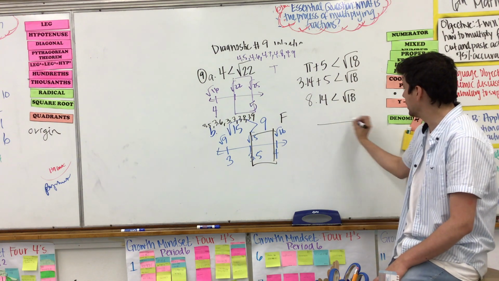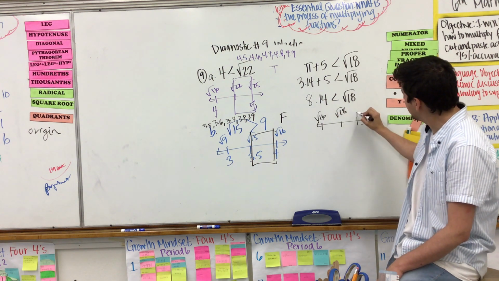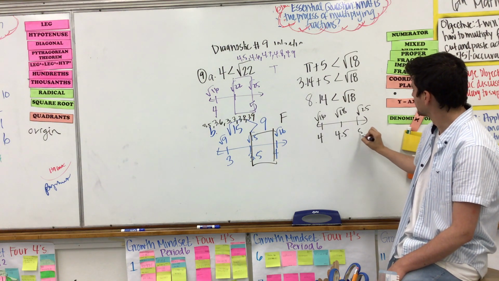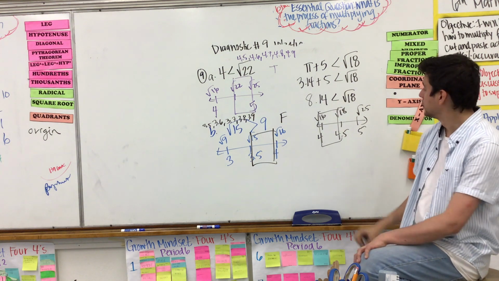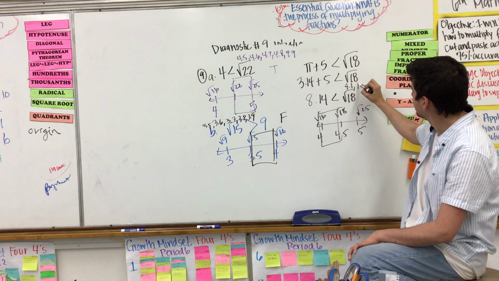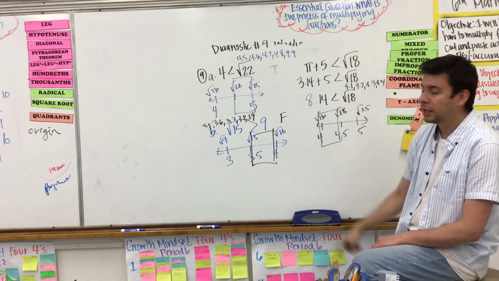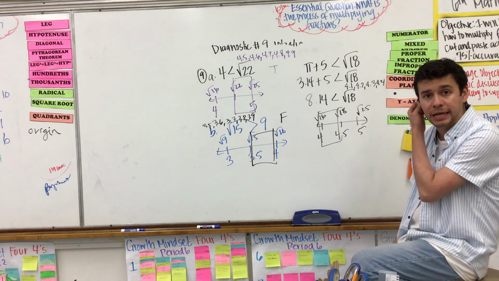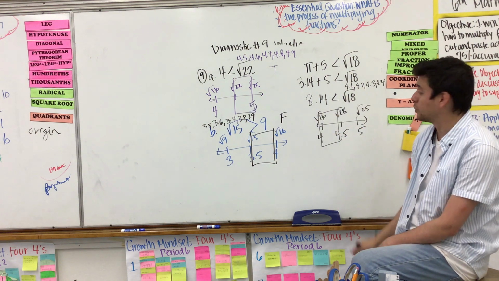If you don't believe me, look. Square root of 16, square root of 25, that's 4. Boom. It's either 4.1, 4.2, 4.3, 4.4. $8.14 is not less than $4.10. $8.14 is not less than $8.20.